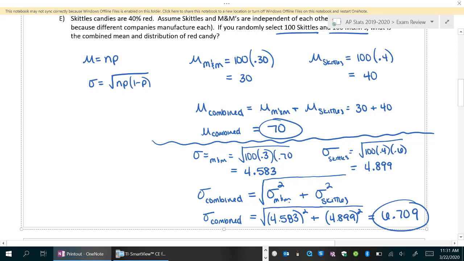So I actually took the variance, the standard deviation squared for M&Ms plus the standard deviation squared for Skittles, and then I take the square root of that to get the standard deviation. So I ended up with a standard deviation of 6.709. Now, please feel free to rewind or go back over any questions that you were unsure of.